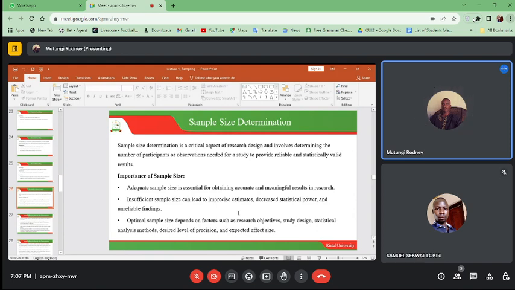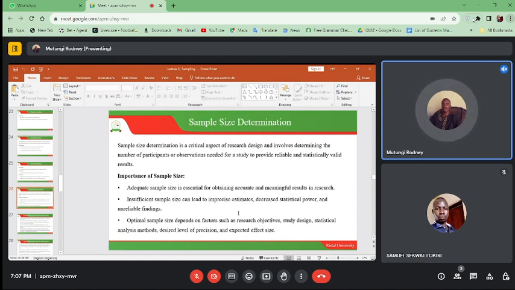So all these factors come together to make you get a very optimal or a very well defined sample. Those are the research objectives, how the study is designed, is it cross-sectional, is it longitudinal?